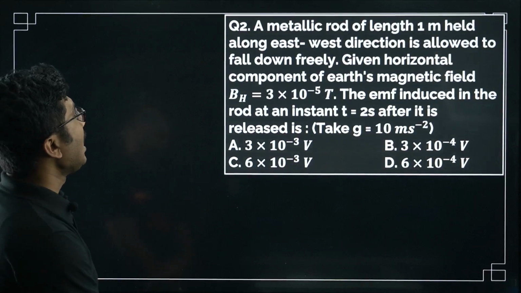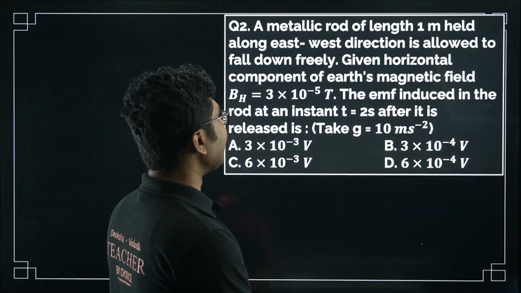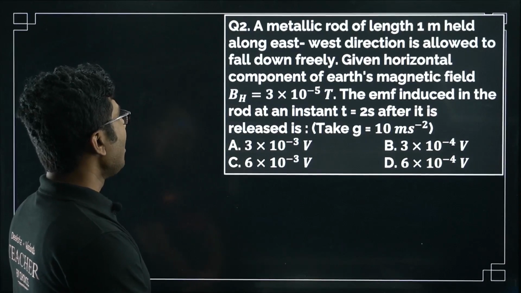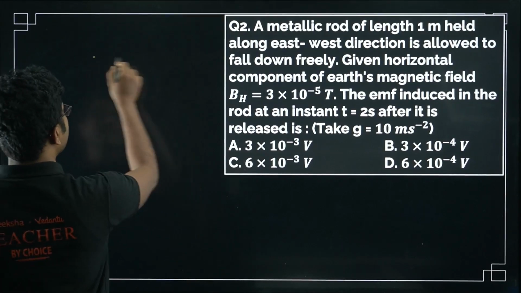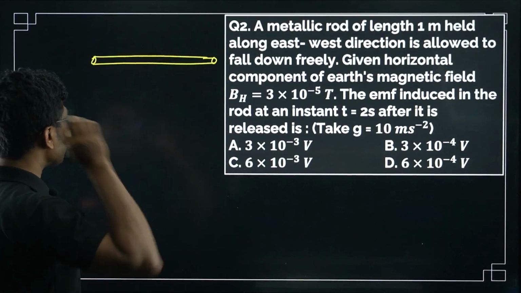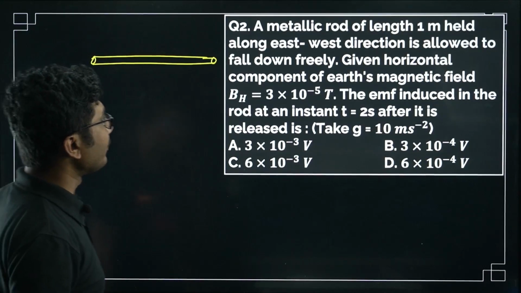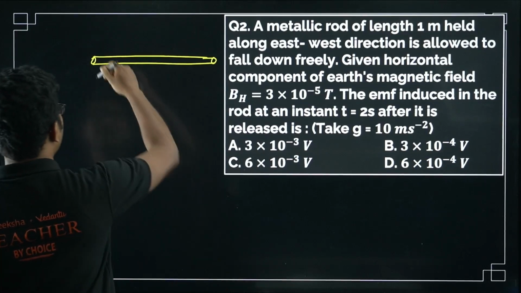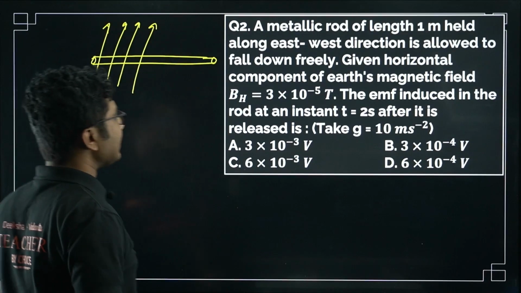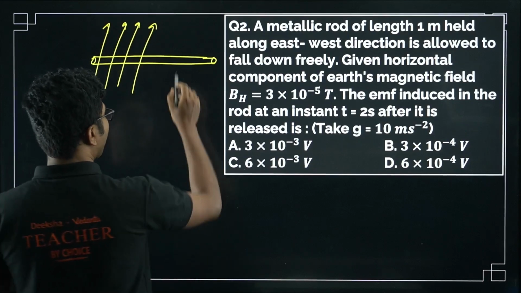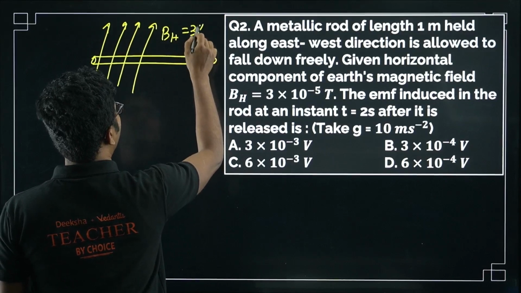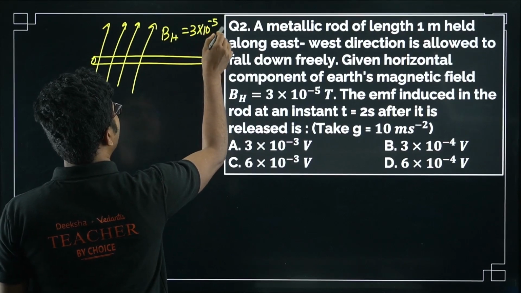Now next question. A metallic rod of length 1 meter held along east-west direction is allowed to fall down freely. Given the horizontal component of Earth's magnetic field, BH is 3 into 10 to the power of minus 5 Tesla.